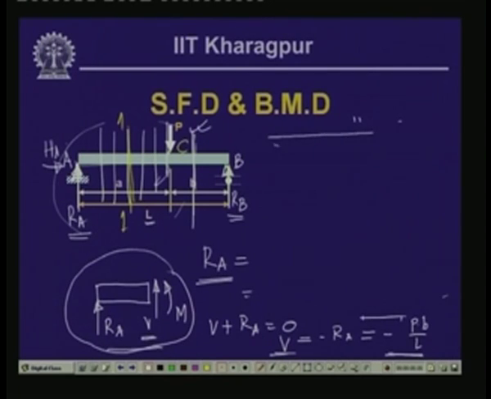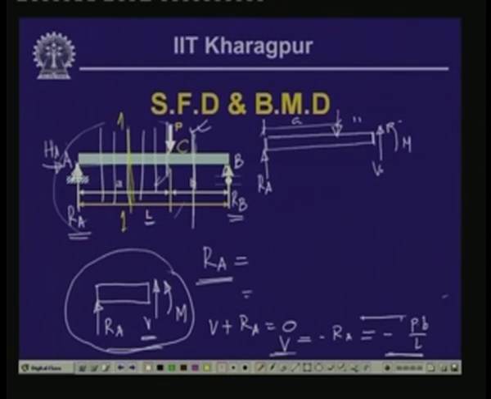Here again we have the reactive force at the end A, which is R A, which we have seen as P B by L. Here we have the concentrated load, which is at a distance of A. Now, at this particular cut section, since this is the free body part, here again we have the stress resultants, V and the bending moment M.